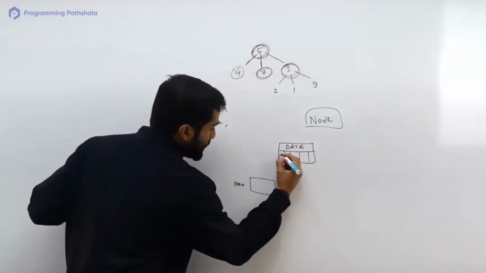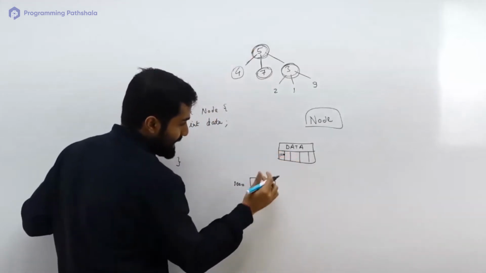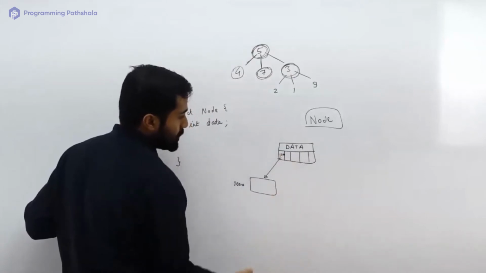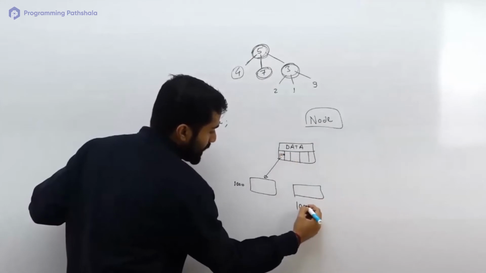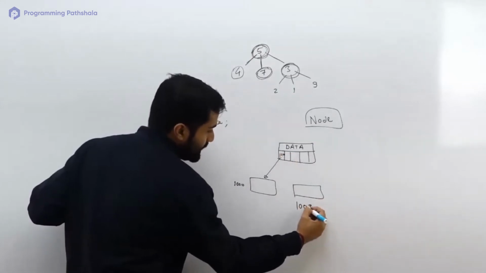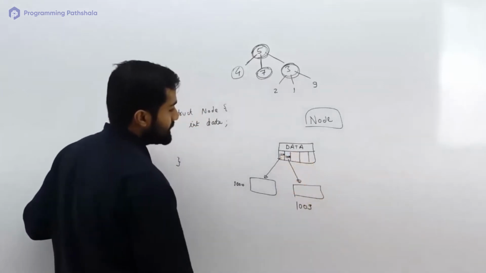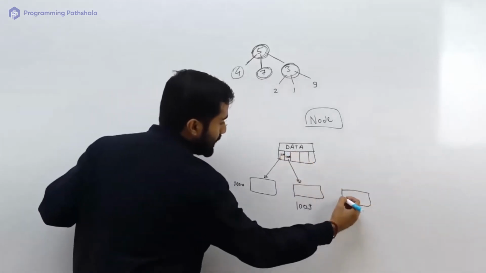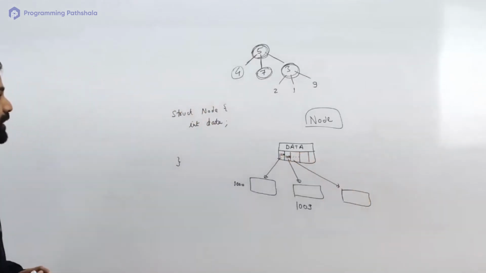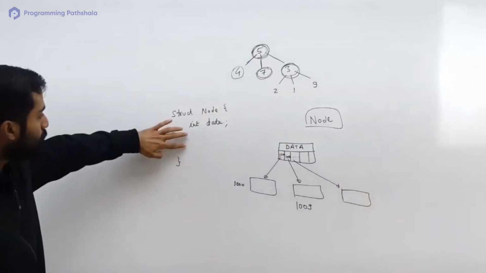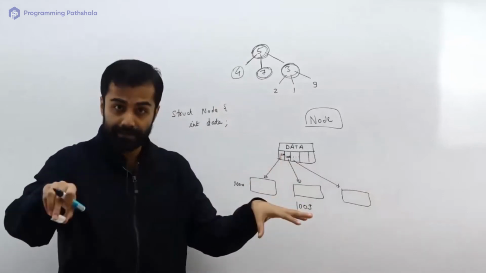Then here you will store that 1000. Once you have stored that 1000, you know where this rightmost child is, so it acts like a pointer. Similarly, let's say the next child is present at memory location 1009. Then here you store this 1009, and that way you point to it. Similarly, for another child, the memory location is something else. You store that over here, and then you point to it. So you need to have as many pointers over here as many children you are pointing to.